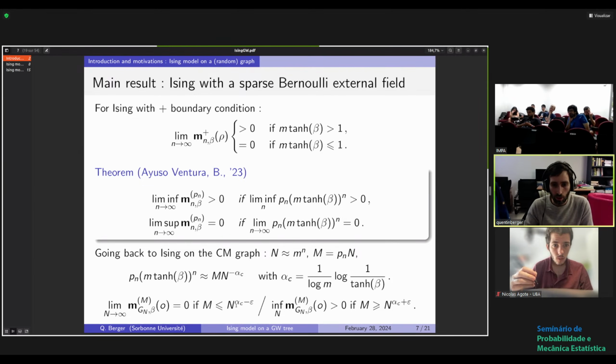So we identified the exponent. We want the number of agents to grow polynomially in the total number of vertices, and we identify what this exponent should be. That was our heuristic, and I think we are close to being able to prove that.